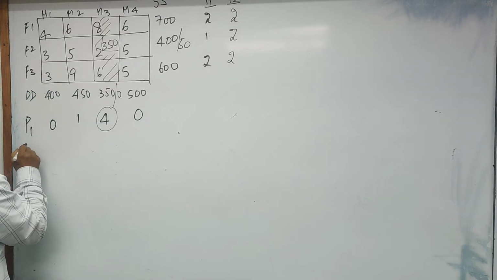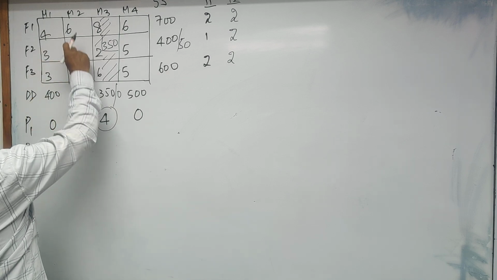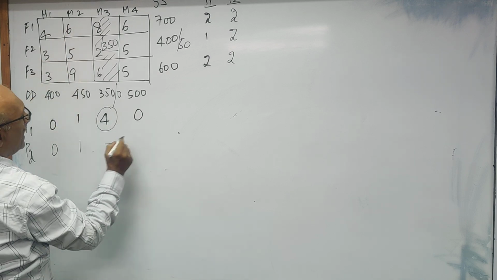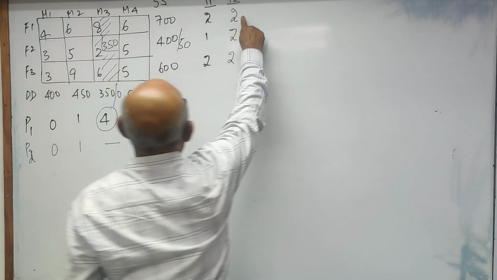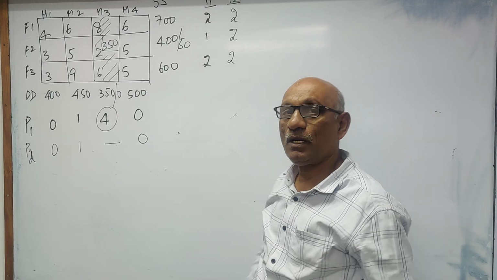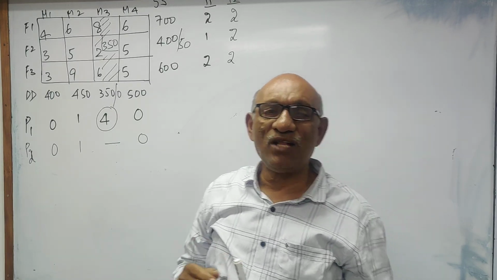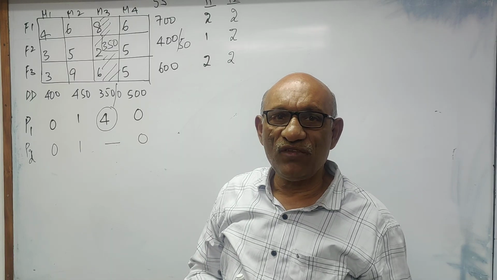Column wise penalties, 3 and 3 is 0, 6 and 5 it is 1, and the last is 0. Now look at this. All the three values for penalties are same. It means there is a tie as far as penalties are concerned. Then whom will I select?